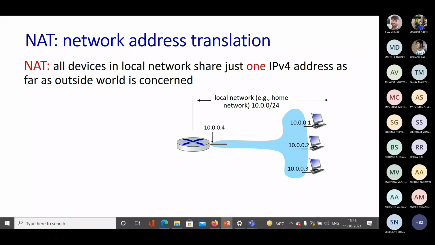Most of the institutes, if you have gone to any of your previous schools, there also, most commonly, the hosts would be given this kind of IP addresses like 10.0.0, 10.1.1. That becomes very common, right?